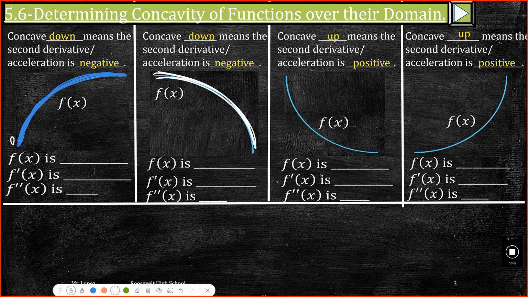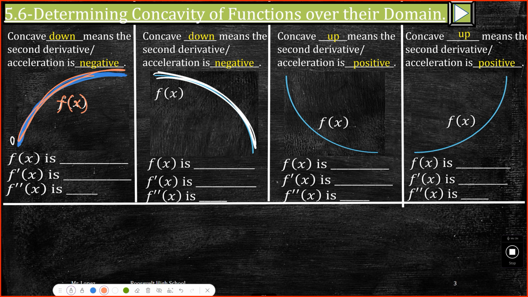And let's take a look at f of x in here. What is the actual f of x doing here? For this first one, what is f of x doing? Because this is f of x. Is it increasing or is it decreasing? F of x is increasing.